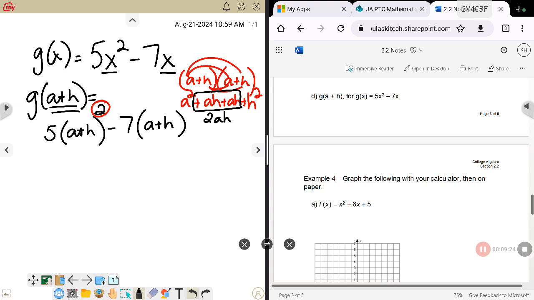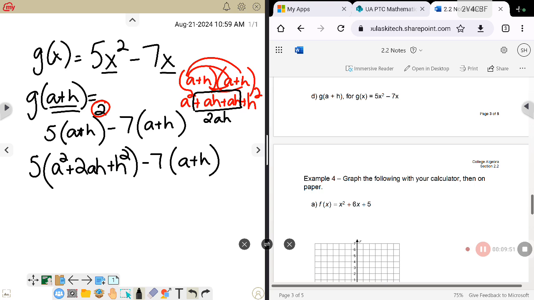I am just going to bring everything else down. So I've got 5, where I have the a plus h squared, I did over here on the right, and I got a squared plus 2ah plus h squared. And again, I'm just bringing everything else down. So minus 7 times a plus h.